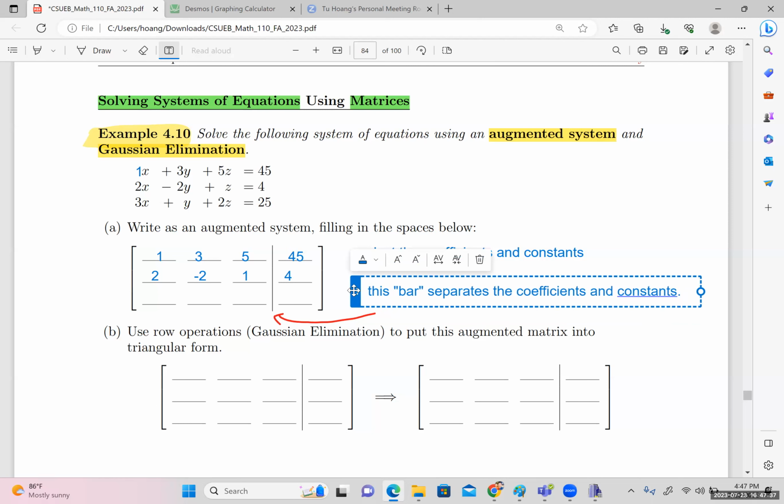I will explain more: the matrix also represents the variables x, y, and z.